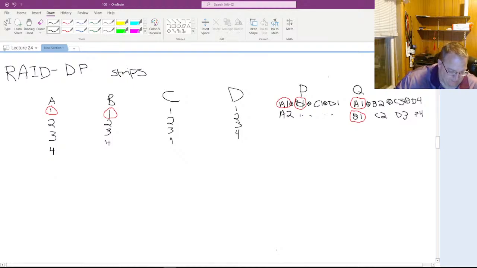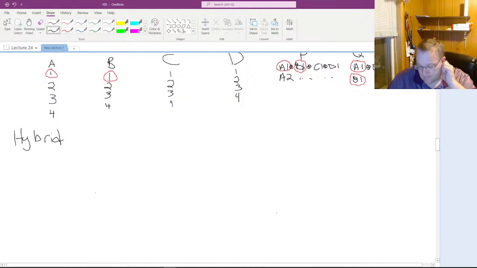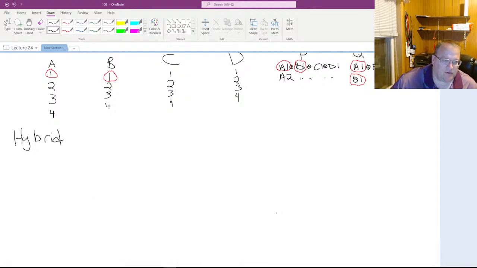Okay. So the very last thing here, and then we'll be done, is hybrid. And so we can combine any two in a hybrid system. Actually, we could do more than two, but here are two of the more popular ones.